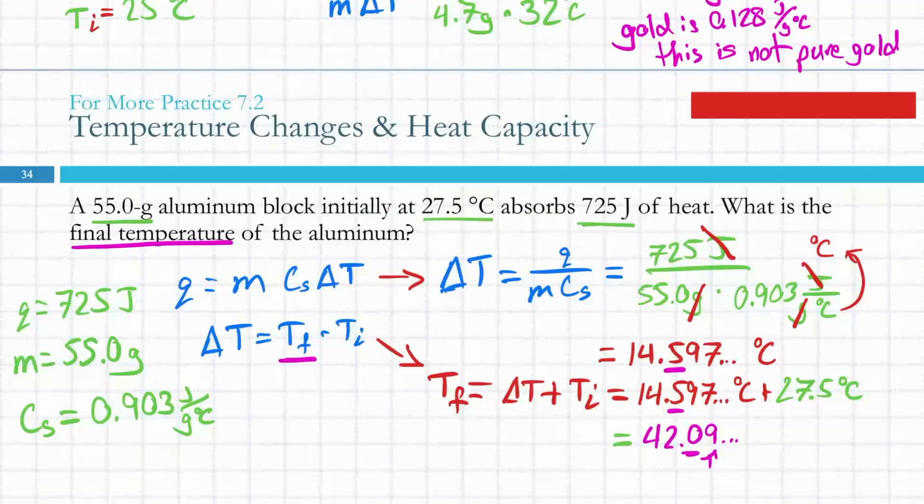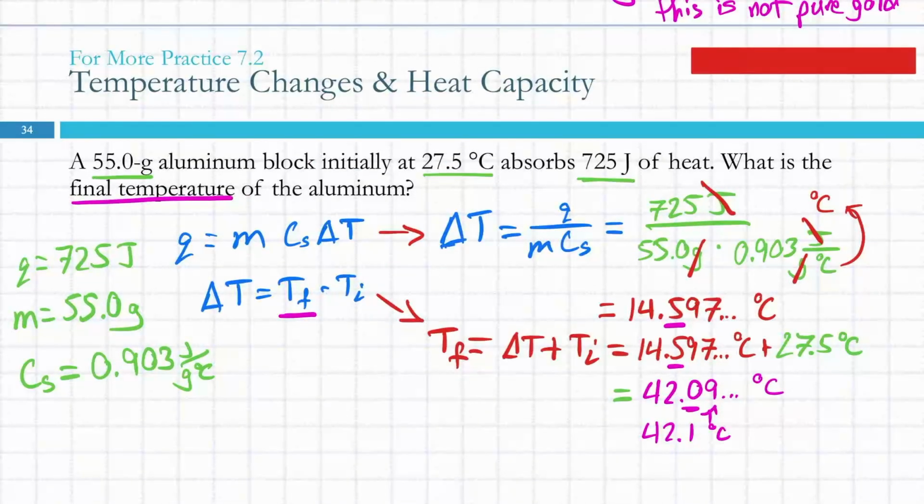The 9 tells us that we round up. So 42.1 degrees Celsius is our final temperature. Questions or concerns with how we got that number?